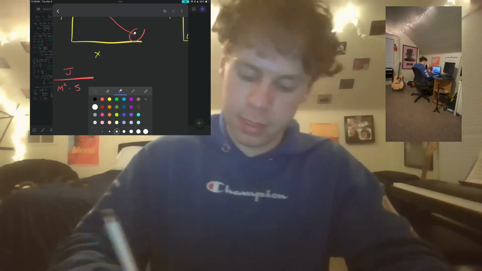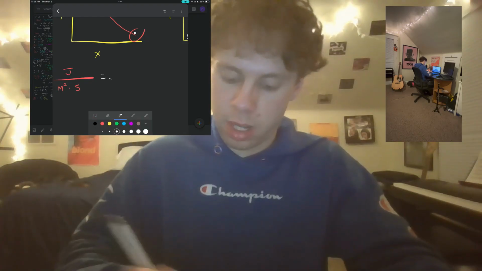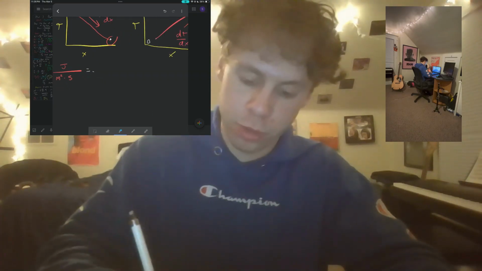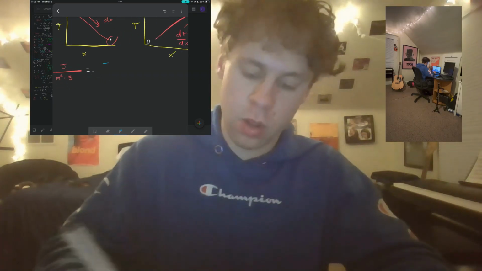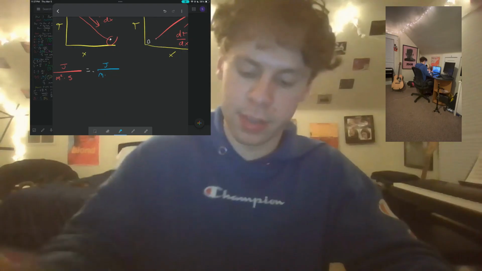This flux is equal to our negative thermal conductivity, which is in units of joules over meter Kelvin seconds.